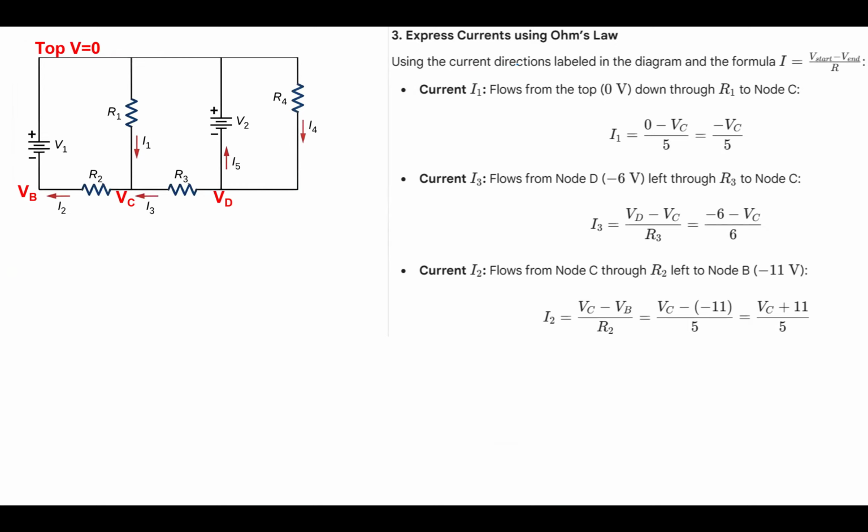Using the current direction labeled here, and from the formula, I is given by this one. The current I1 is flowing this way, and I3 and I2 are this way, okay? So what is happening here is that here is the 0 volt, and this is the VC.